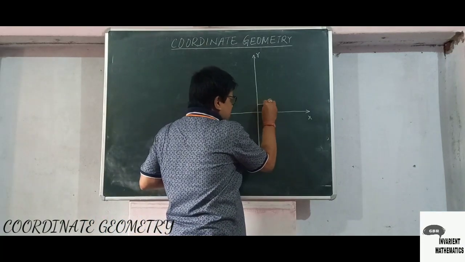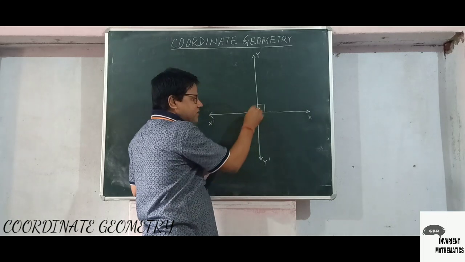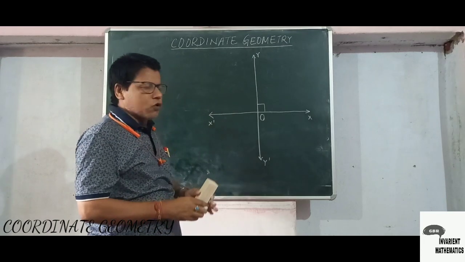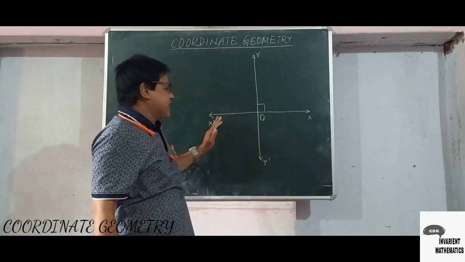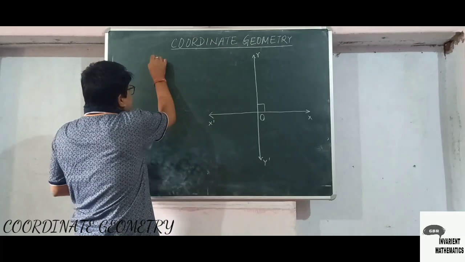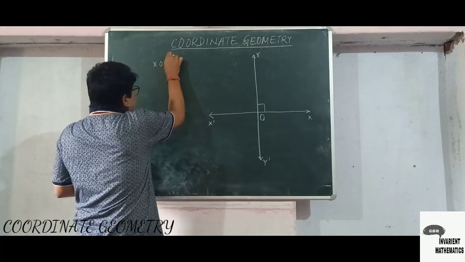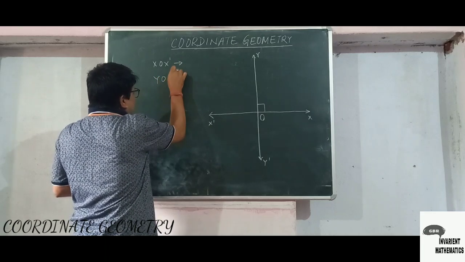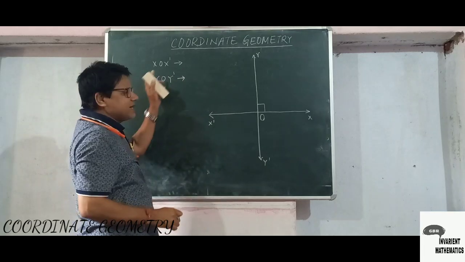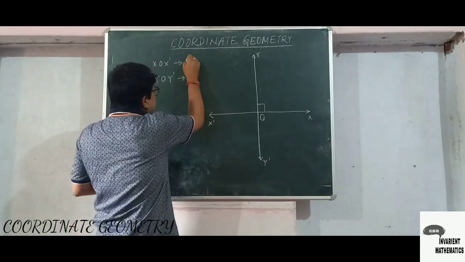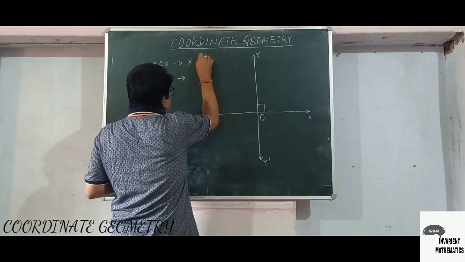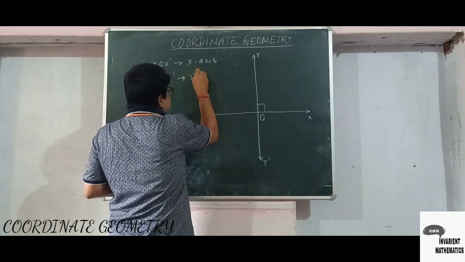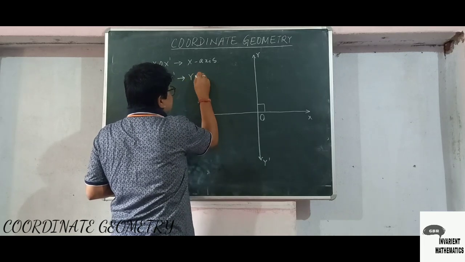They are perpendicular to each other. Where they are perpendicular to each other, name it as O. So we get the line X' and the line Y'. The line X' is known as the x-axis, and the line Y' is known as the y-axis.